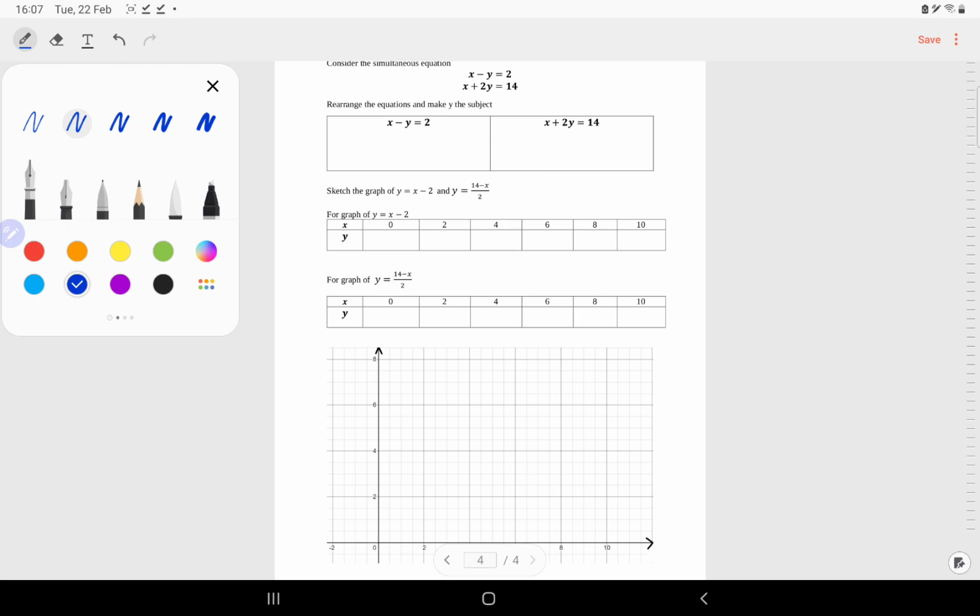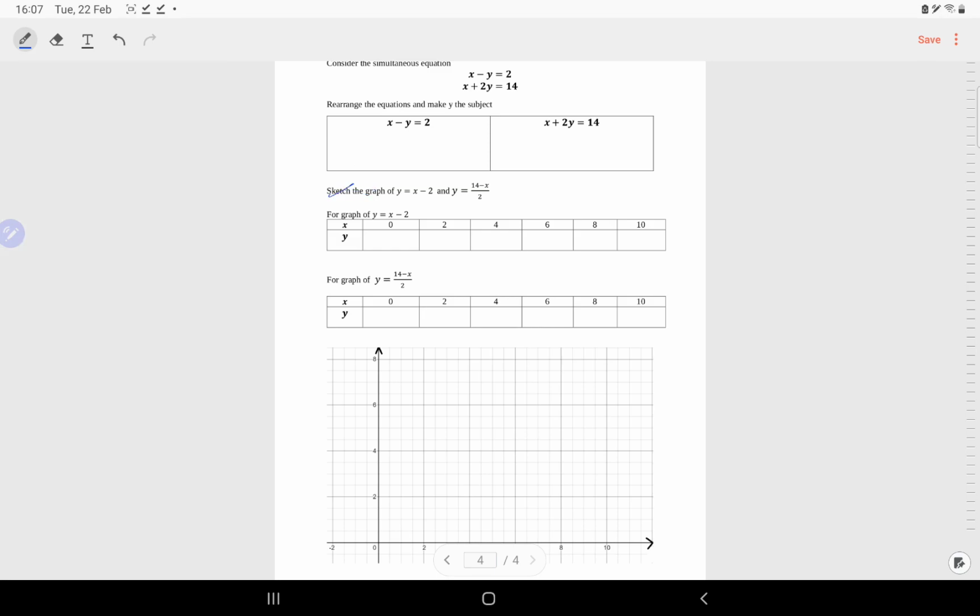So before drawing the graph, actually that should have said draw, not sketch, because you are taking many points and you're doing it to scale.